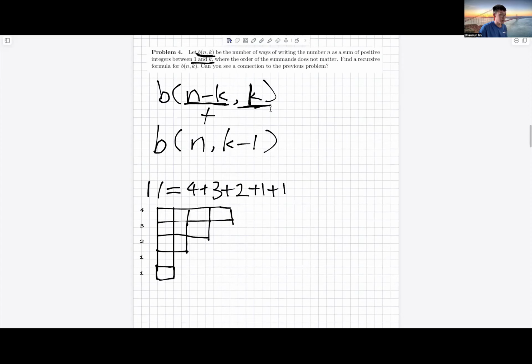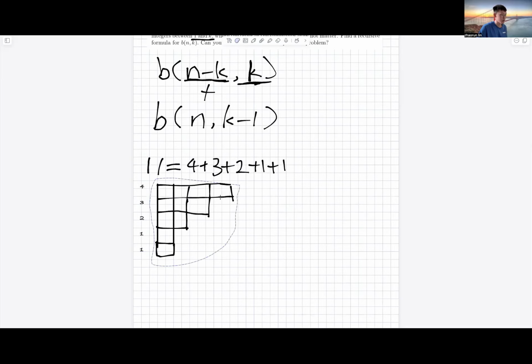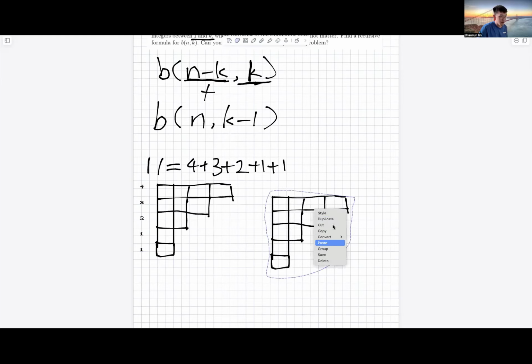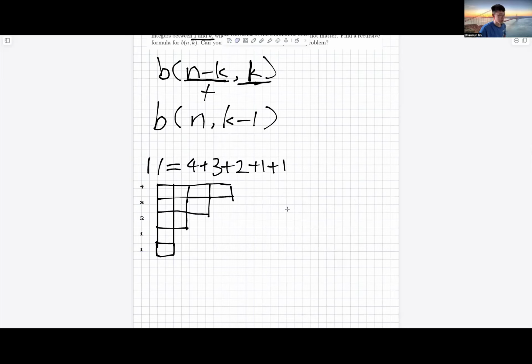So now if we imagine we can rotate this diagram, if we rotate it anti-clockwise by 90 degrees, it becomes this, and we have here 1, 2, 3, 5, right?